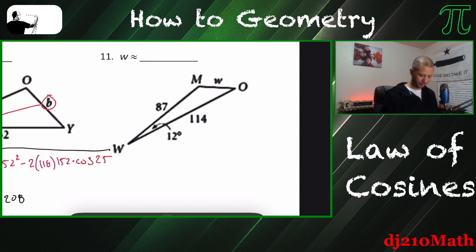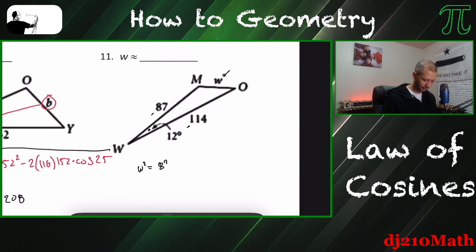Here's another example. This is going to be, again, side, angle, side. And little w is the side we're looking for. So little w squared is equal to a squared plus b squared. It doesn't matter which one is a.